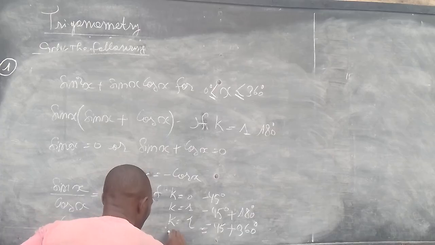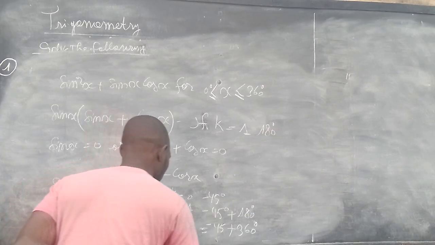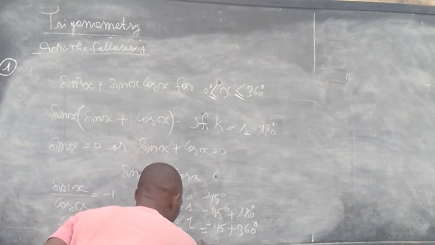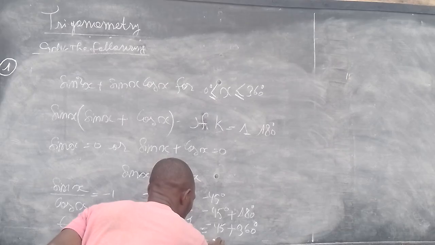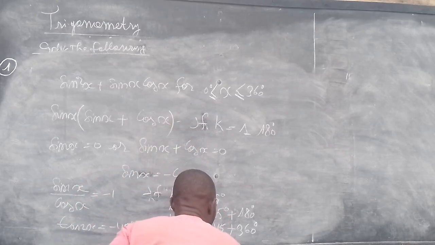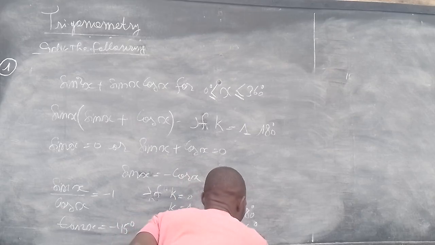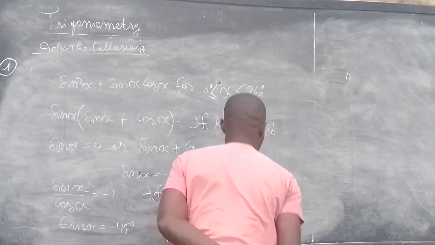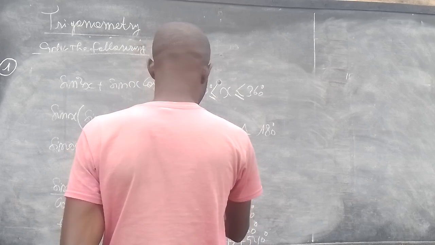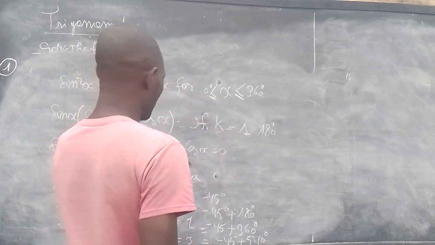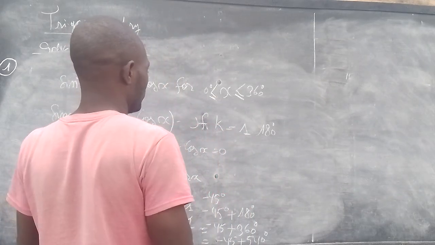If k equal to 3, we will have negative 45 degrees plus 540 degrees. So here we are dealing with the positive values.